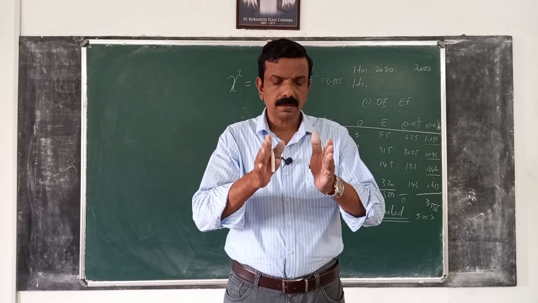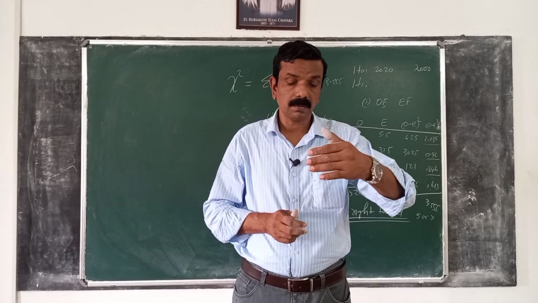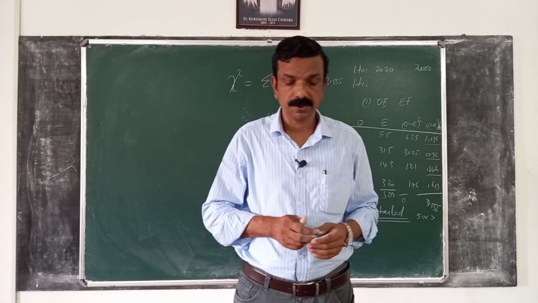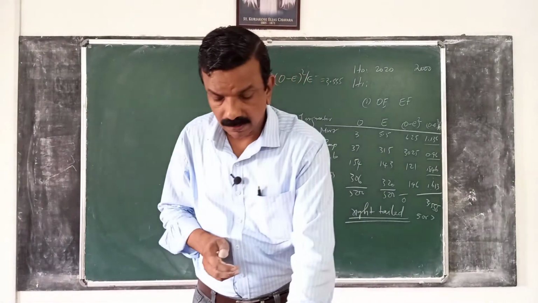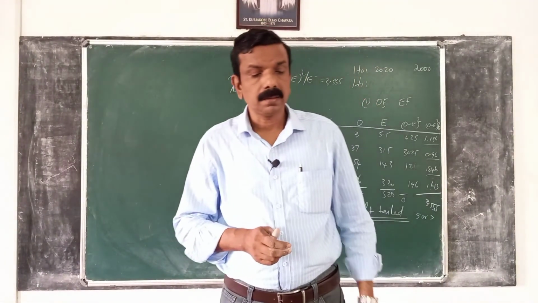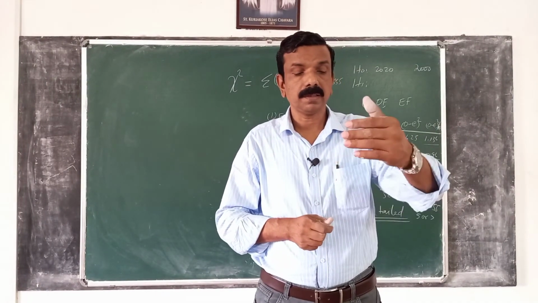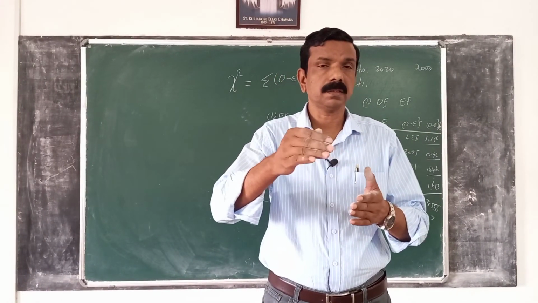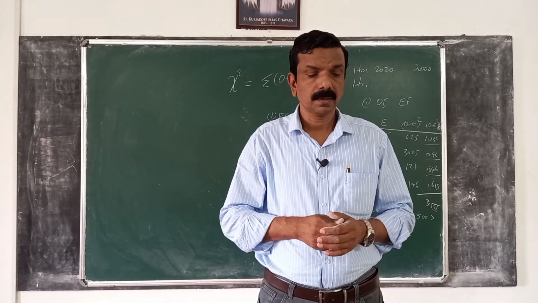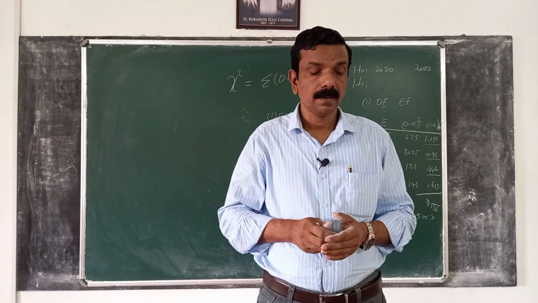Then the steps are: formulate H0 and H1. H0: the variable has the specified distribution. H1: the variable does not have the specified distribution. Then calculate the expected frequency for each possible value using the equation E equals N times P, where N is the sample size and P is the relative frequency.